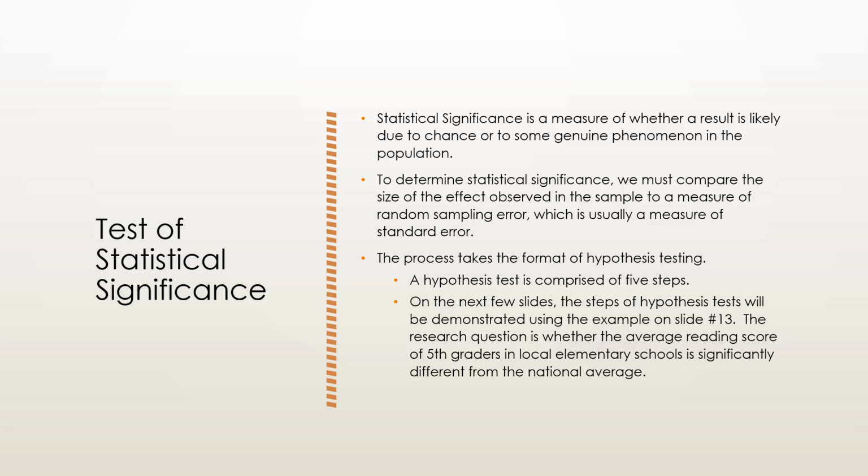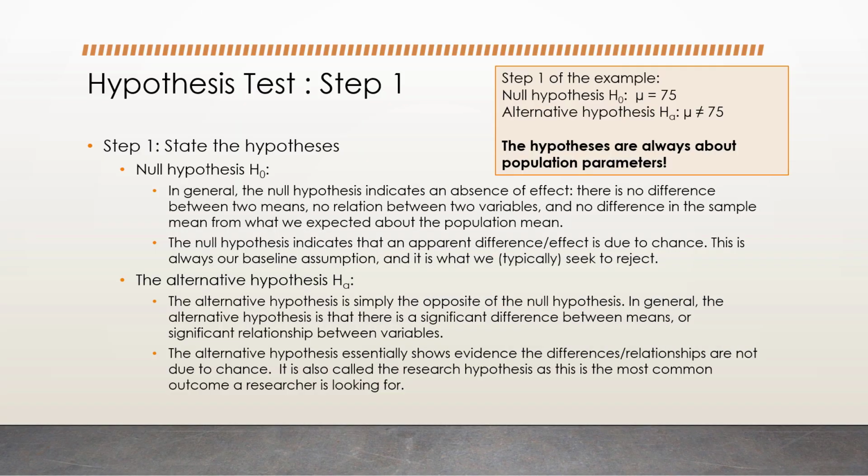Using our reading score example, we want to answer the question, is the average reading score of 5th graders in local schools significantly different from the national average? In step 1, we need to state the null and alternative hypotheses clearly.